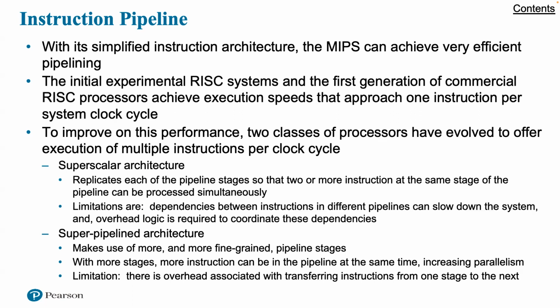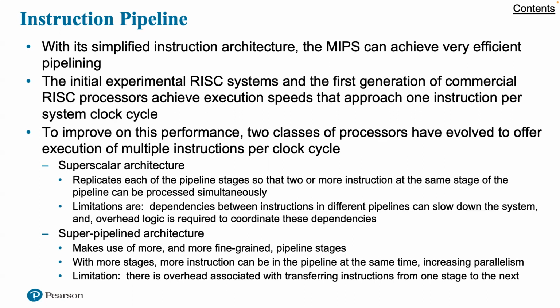In essence, a superscalar architecture replicates each of the pipeline stages so that two or more instructions at the same stage of the pipeline can be processed simultaneously. A super pipelined architecture is one that makes use of more and more fine-grained pipeline stages. With more stages, more instructions can be in the pipeline at the same time, increasing parallelism.